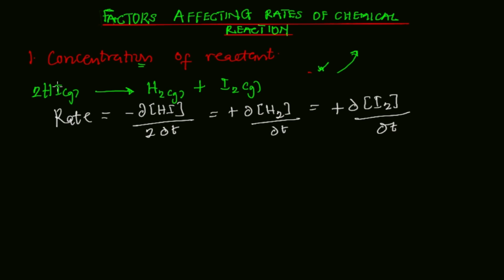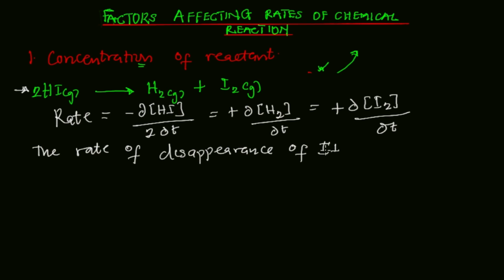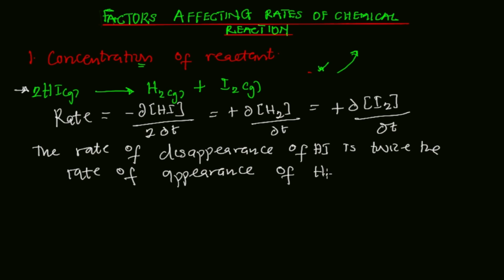Now look at this very well. Do you know what this reaction simply means? It simply says that the rate of disappearance of hydrogen iodide, which is HI, is twice the rate of appearance of hydrogen gas and also iodine gas.